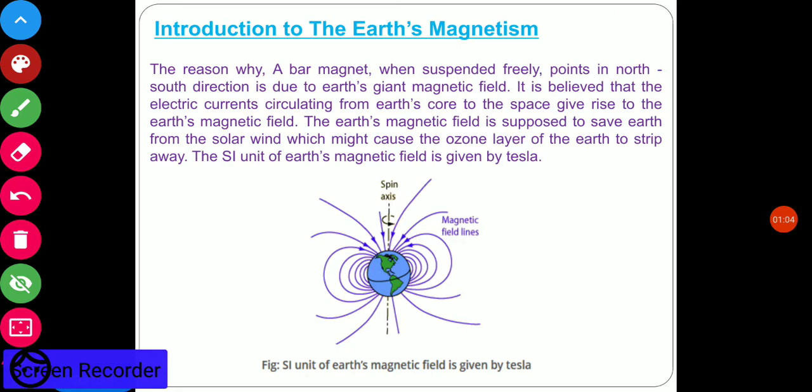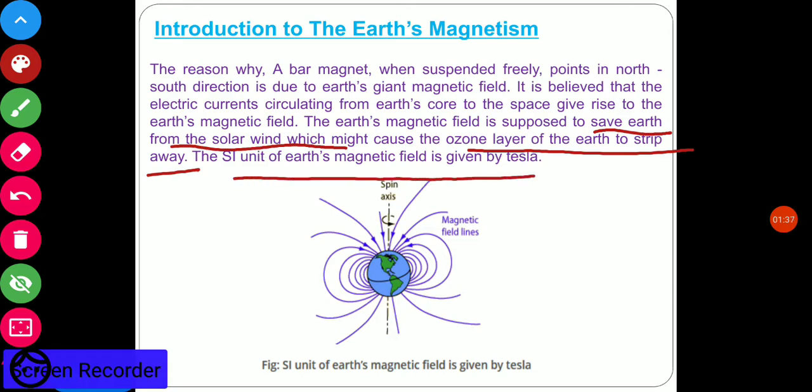In other words, we can say that the bar magnet, whenever suspended freely, points in the north and south direction. The reason behind this is that there is a magnet inside the Earth. This Earth magnet is supposed to save the Earth from the solar wind, which might cause the ozone layer of the Earth to strip away.